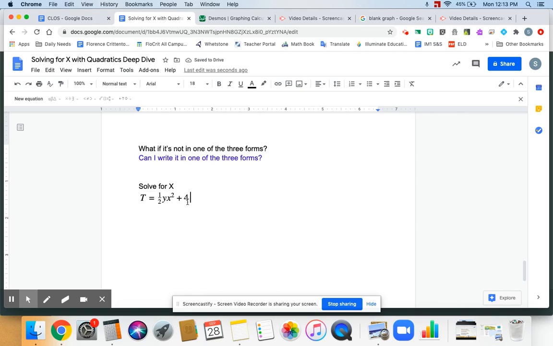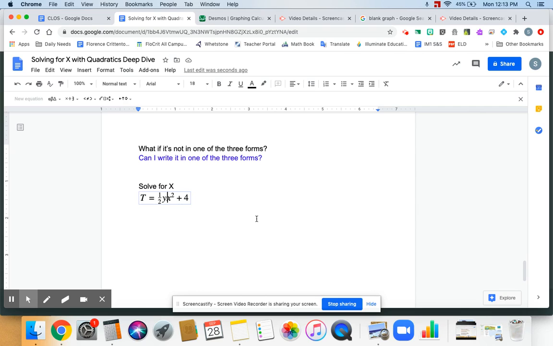Can I make this look like any of my 3 forms? No, I cannot. There are other letters. My forms, the only letter actually in them is the equaling part and the x part. But you see there's this extra letter. There's this extra y, and that is an issue. And so because of that, I can't even write them in one of the 3 forms.